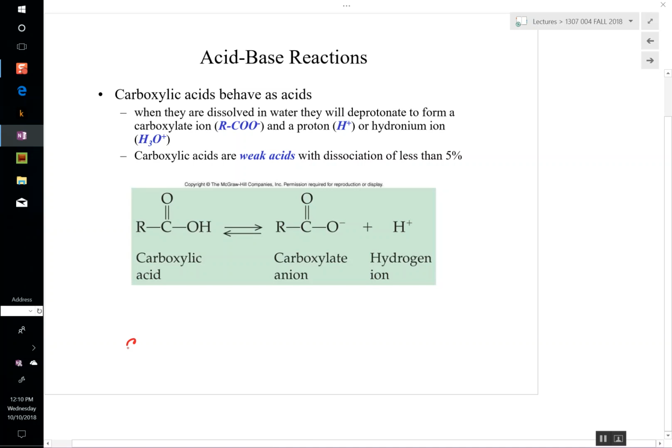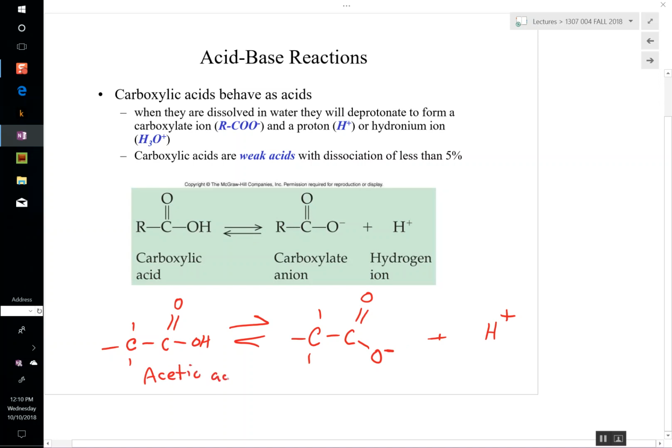If I had acetic acid, and this is an equilibrium, I would get this ion plus the hydrogen ion. This is acetic acid, and it's going to form now.